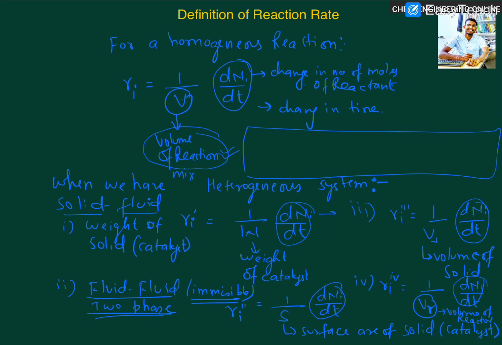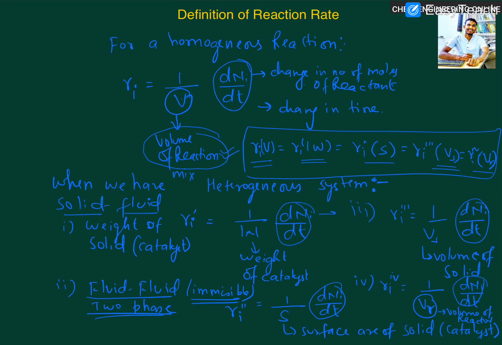If dNi over dt is common, we can write it as Ri times V is equal to Ri dash times W, Ri double dash times surface area of the solid, Ri triple dash times volume of solid, and Ri 4 dash times volume of reactor. So all these become equivalent.